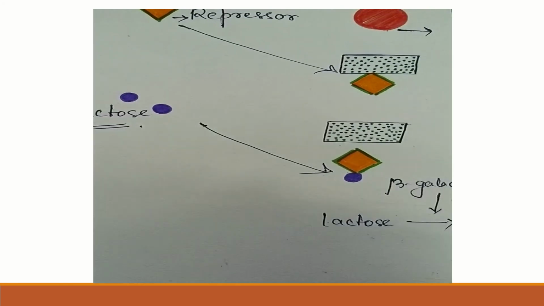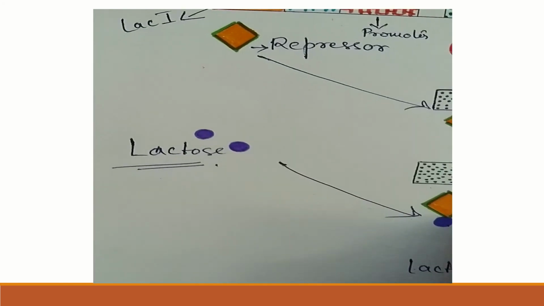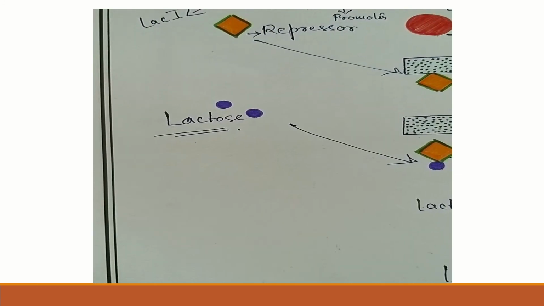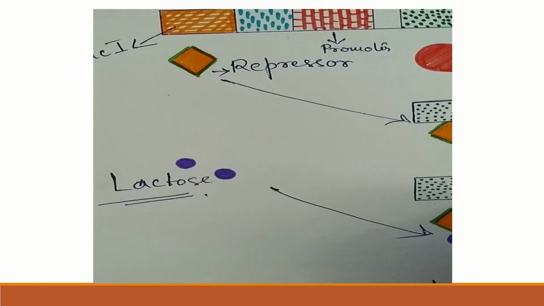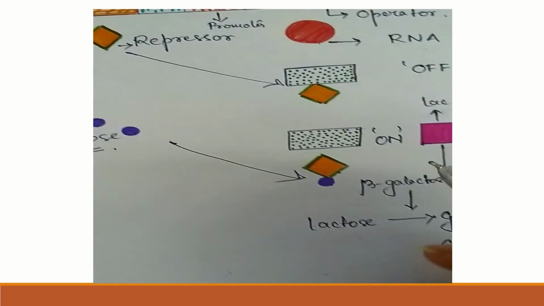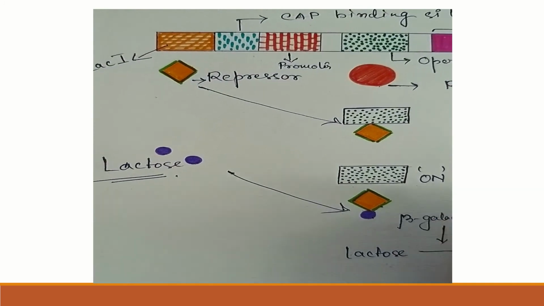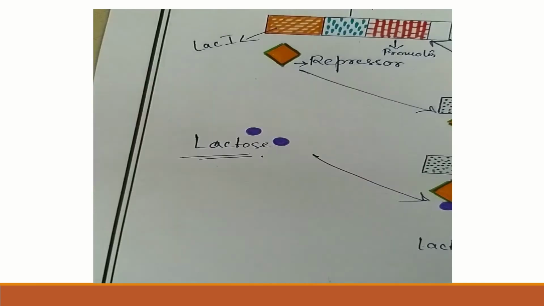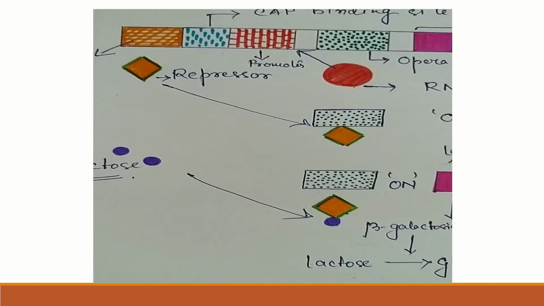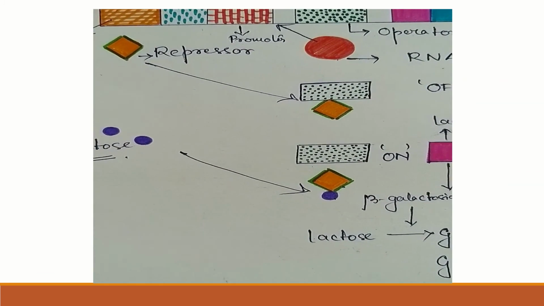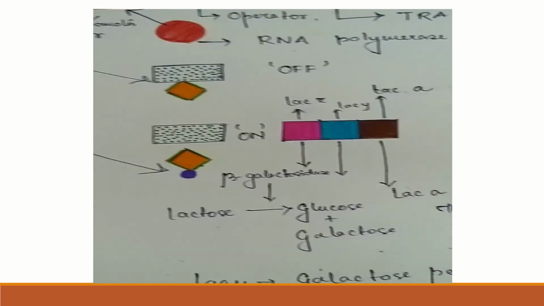When this binds to the repressor molecule, the repressor is no longer able to bind to the operator. This will give a signal which we say on. This on signal will enable the RNA polymerase to bind to the promoter.